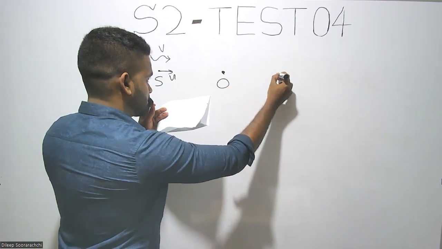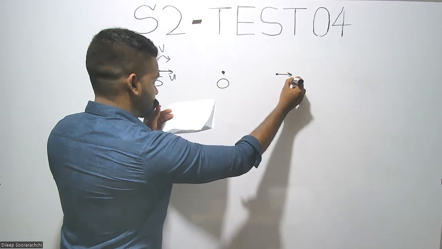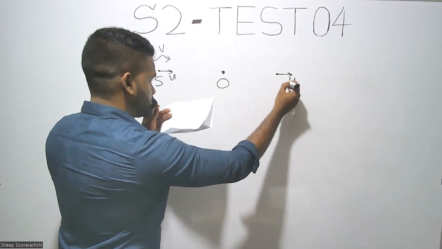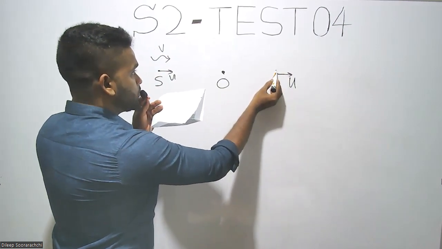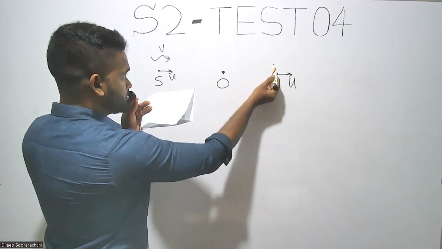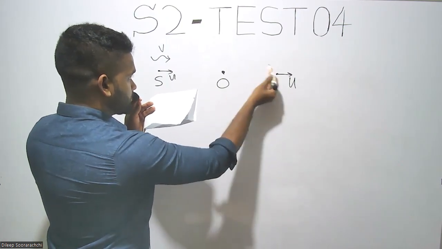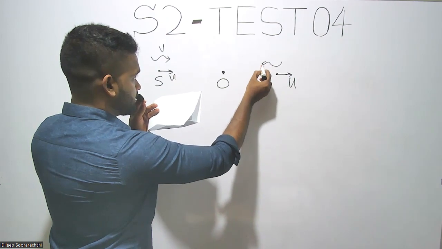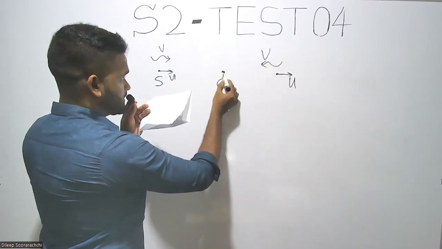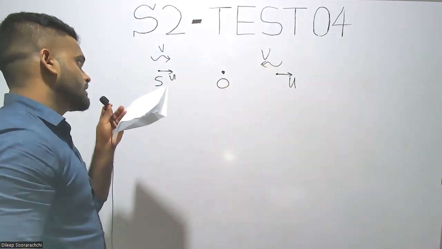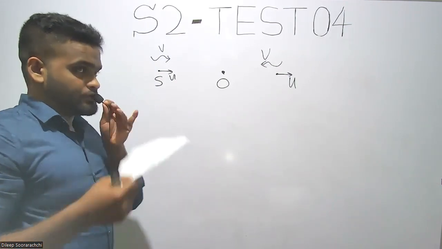Let's say the source is here now, still moving at constant velocity u. Now the sound waves are moving in this direction, towards the observer. What they ask is the change of apparent frequency.